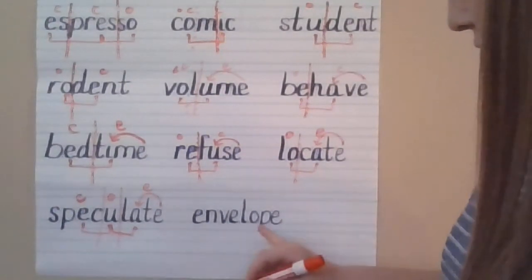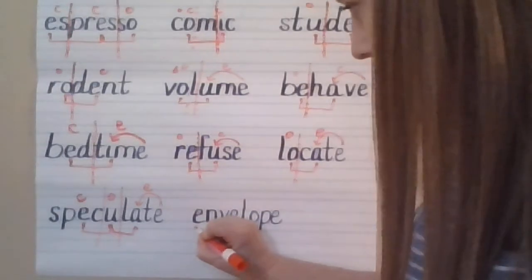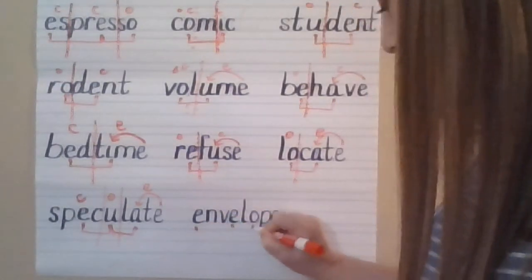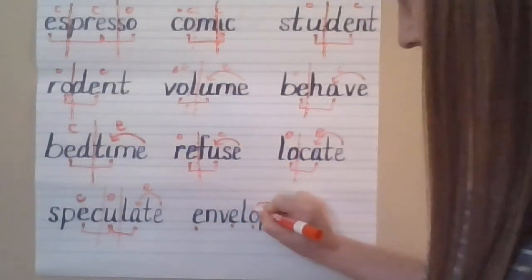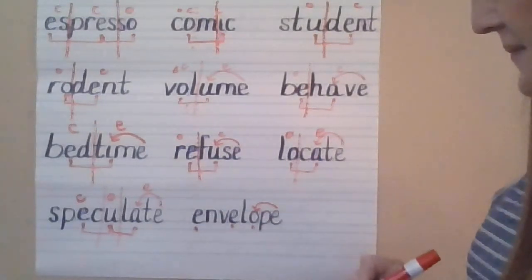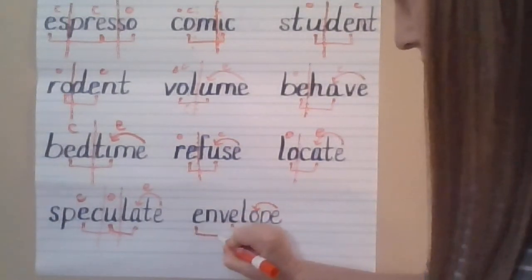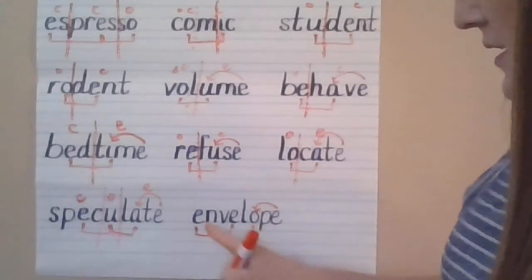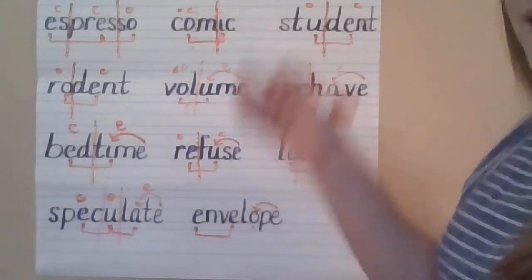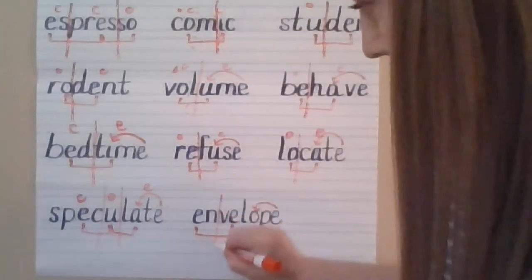All right, let's look at this one. I see several E's. I see an O. I'm going to go ahead and dot that. This E is at the end, so that means that it's going to be silent. Drawing my bridge here. Oh, that makes it easy. Two consonants. We're going to break those up. Go right down the middle.